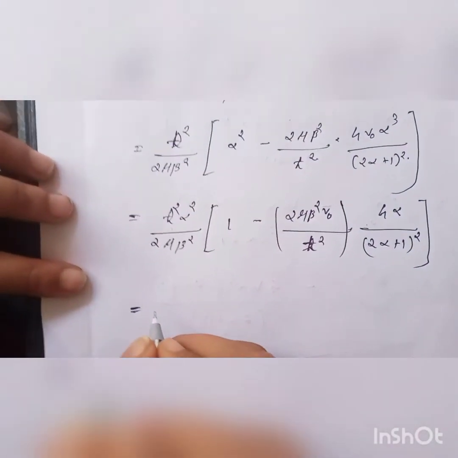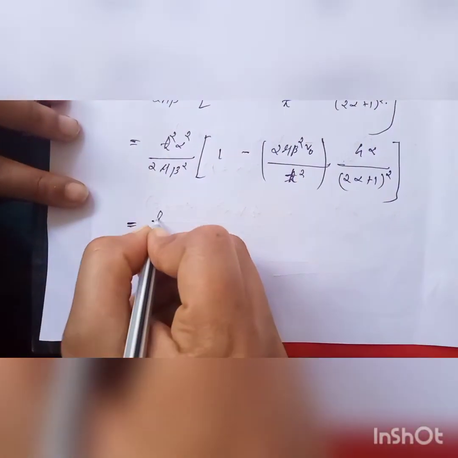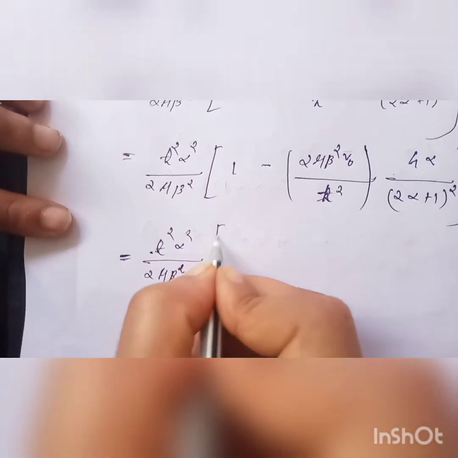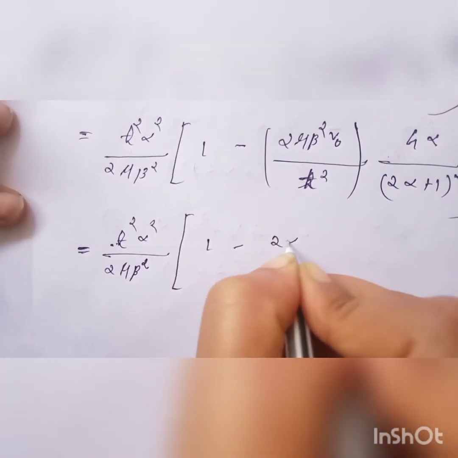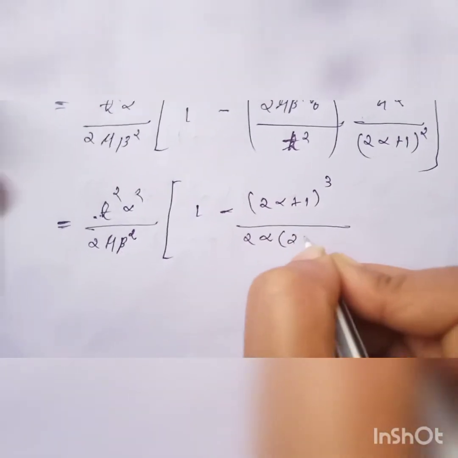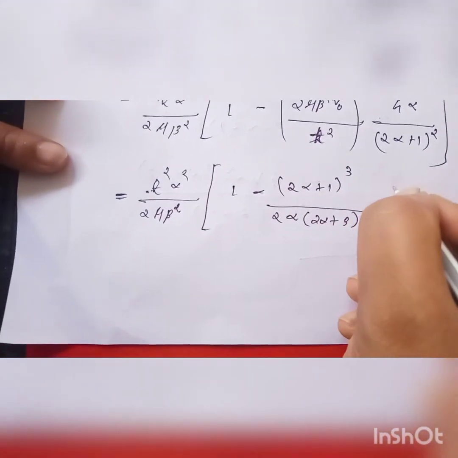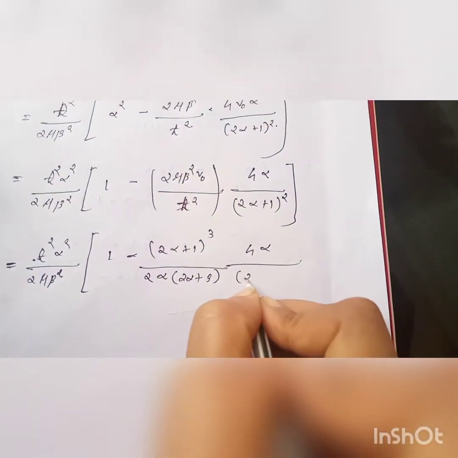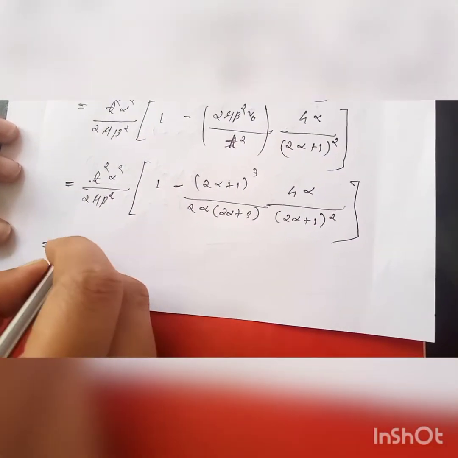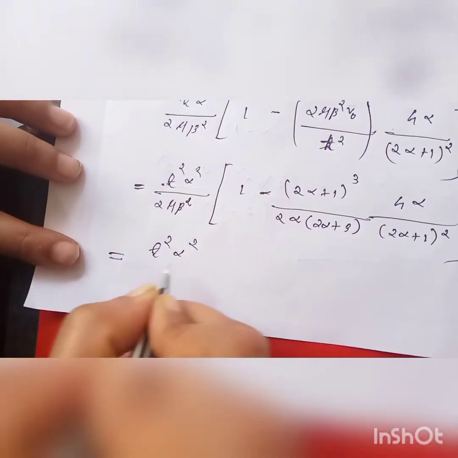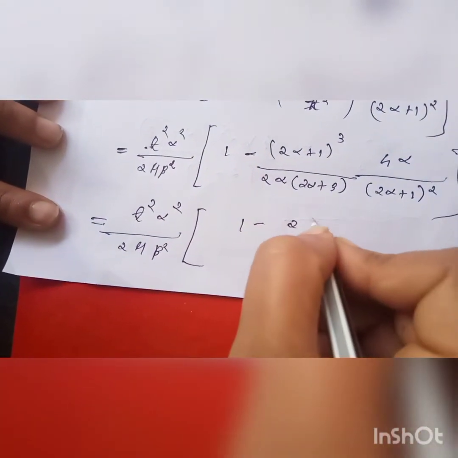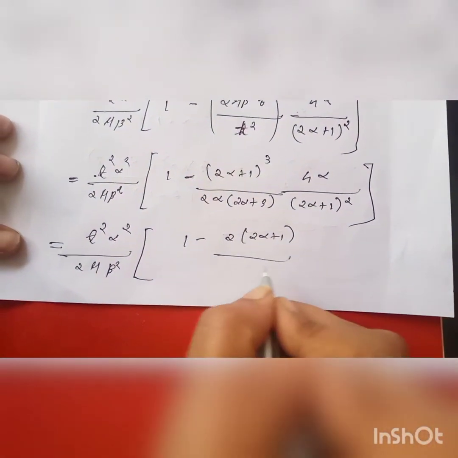Then we get ħ²α²/2μβ² into 1 minus, in terms of alpha, (2α+1) the whole cube divided by 2α(2α+3) into 4α divided by (2α+1) the whole square, which is equal to ħ²α²/2μβ² into 1 minus 2(2α+1) divided by (2α+3).